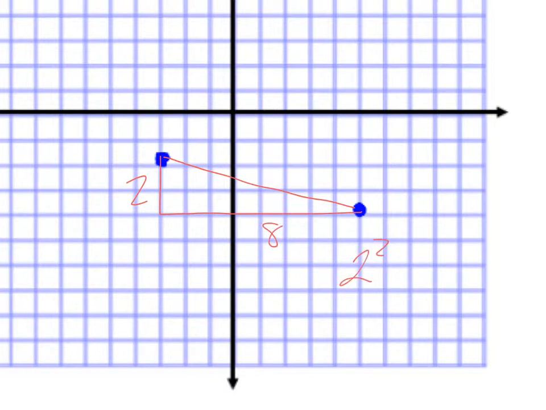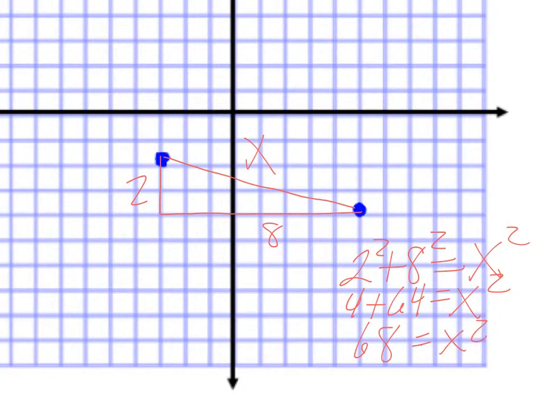So that gives me 2 squared plus 8 squared equaling x squared. 4 plus 64 equals x squared. 68 equals x squared. Square root, square root. Square root of 68, you're looking at about 8.2 for your x value or your hypotenuse length.